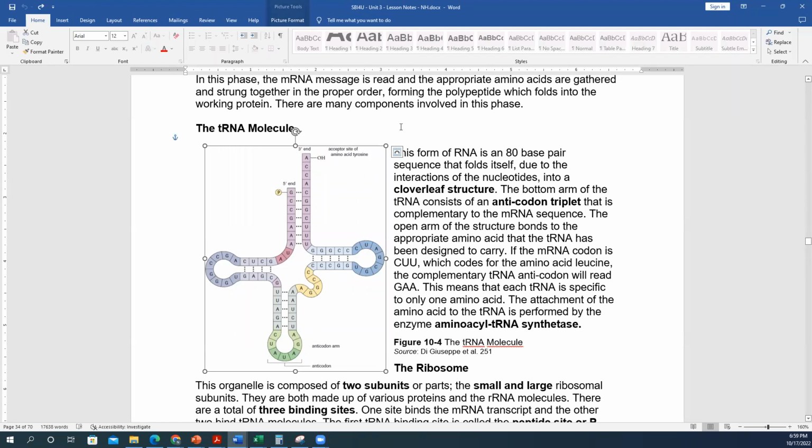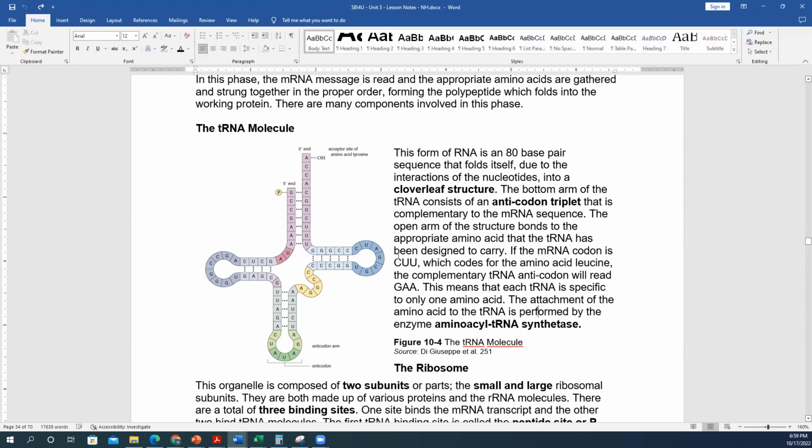So at this end, it would be attached the amino acid tyrosine. So then this tRNA with its anticodon will read that message, and because each one of these tRNAs is specific to only one amino acid, this tRNA is specific to the amino acid tyrosine. So it will bring along that amino acid.